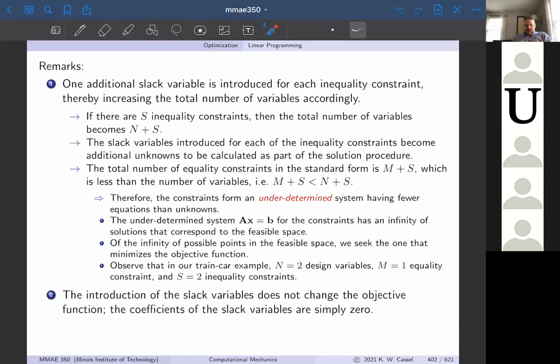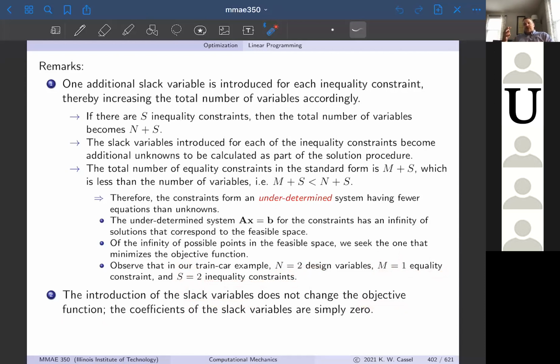Now we need to convert, for standard form, these two inequality constraints into equality constraints. So we'll have m plus s, so we'll have 3 equality constraints with our n equal to 2 design variables. Now, you'll notice that by introducing these slack variables, we actually don't change the objective function at all because the coefficients of the slack variables are just 0.